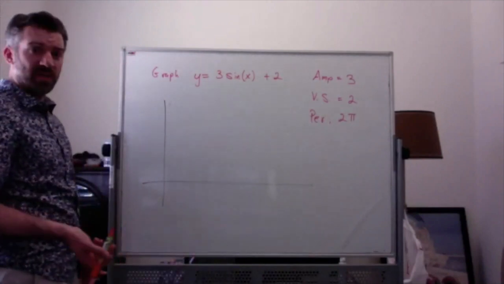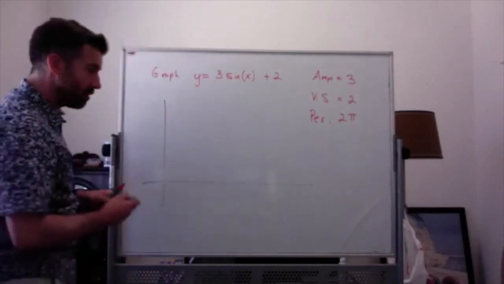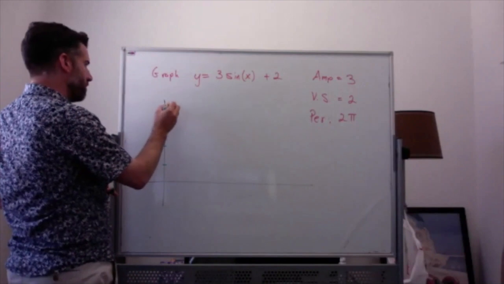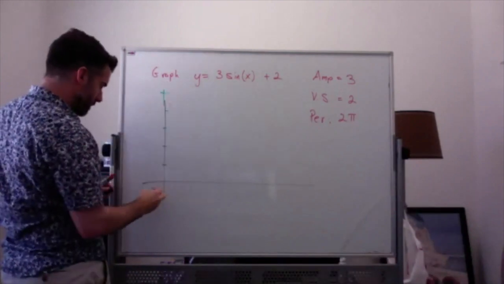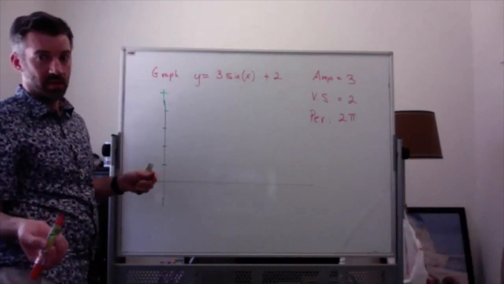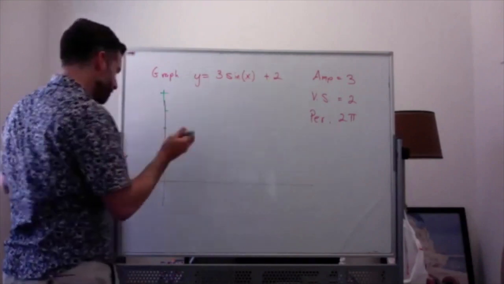Okay, where's my new middle line? Maybe I should draw some points. Is it 2? It is 2. So when I'm drawing this, my setup is always going to be go to the middle. Here the middle is 2.